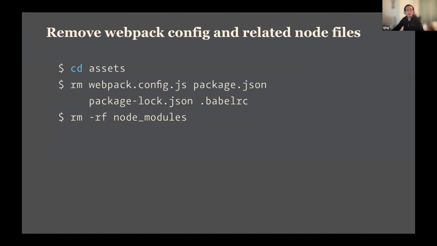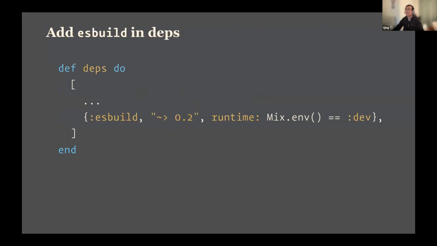If you use yarn instead of npm, obviously that should be yarn.lock instead of package-lock.json, and also remove the node_modules directory. This to me is really exciting because we're getting rid of Node. Then add esbuild as a dependency. No surprise there.